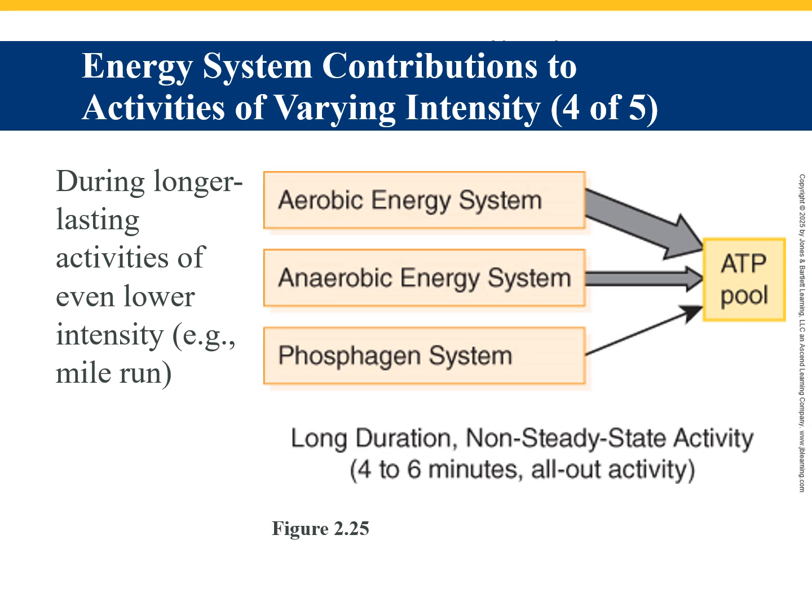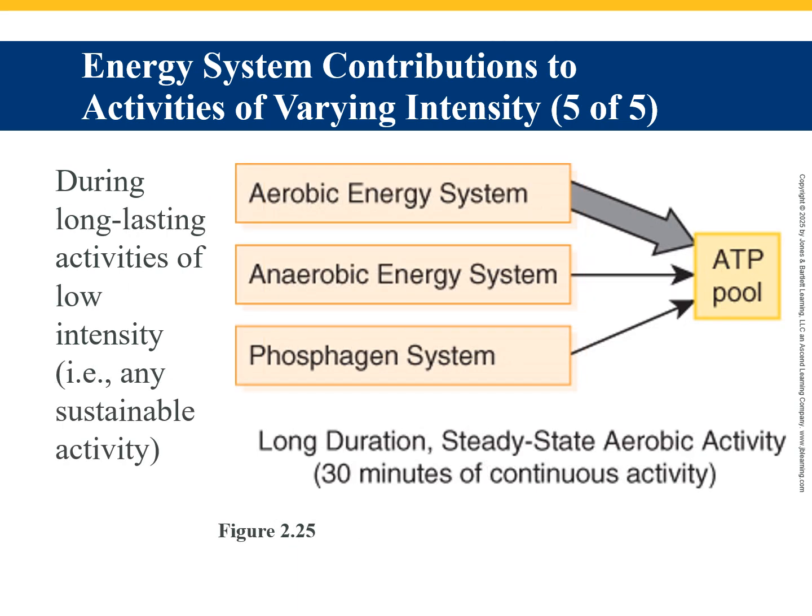But know that these systems are going to be relied upon depending upon the intensity. And finally, when you have long duration steady state, our biggest contributor is going to be the aerobic energy system. And that's going to be our primary source of ATP for fueling our exercise.